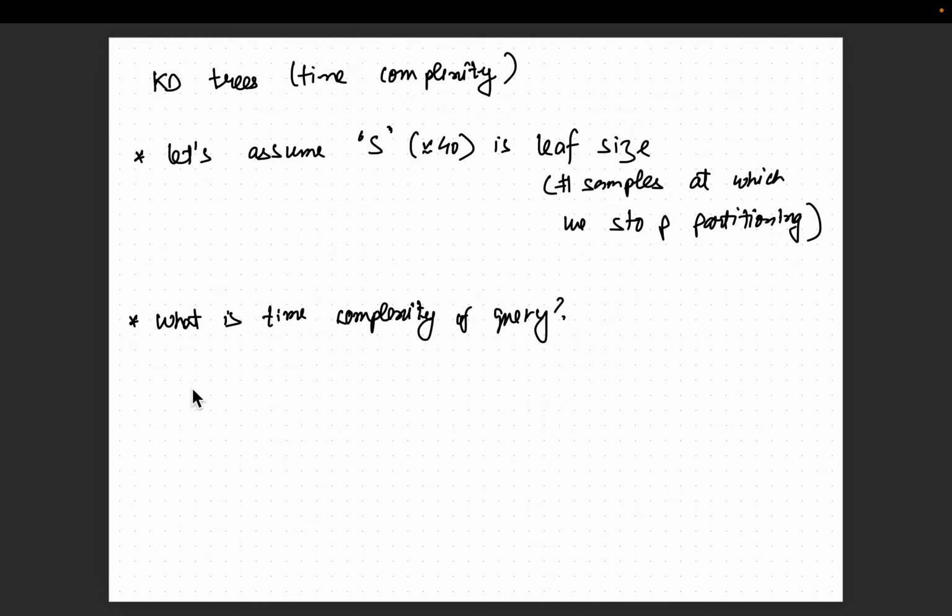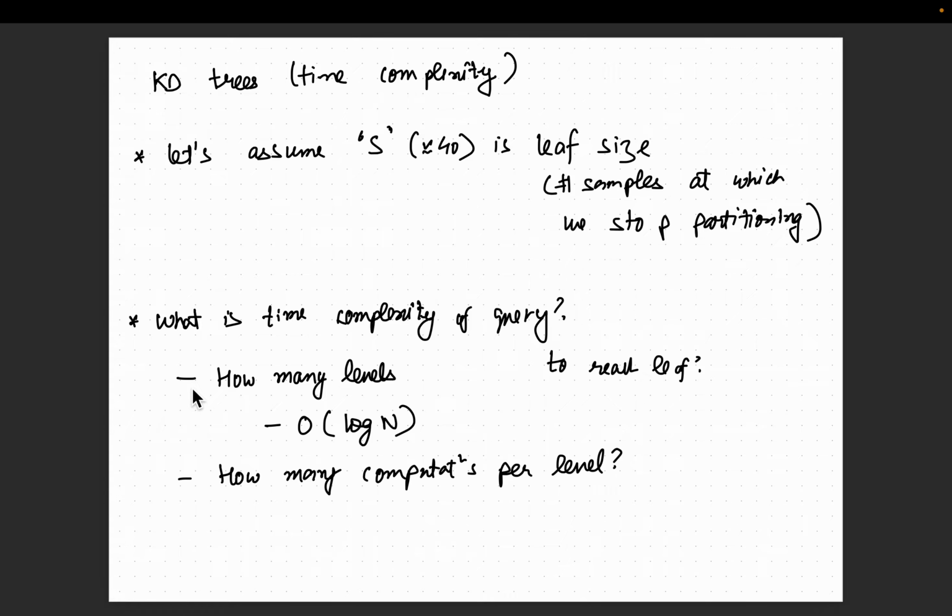No one? How many think it's S into D plus something else? What is that something else? That something else is the number of computations it takes to reach the leaf node. But first, let's figure out how many levels it takes to reach the leaf node. Let's approximate it to be log n base 2.